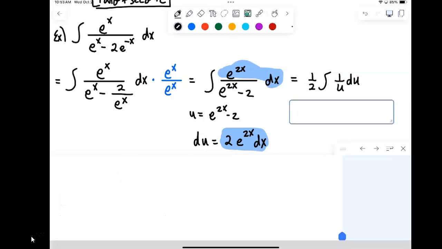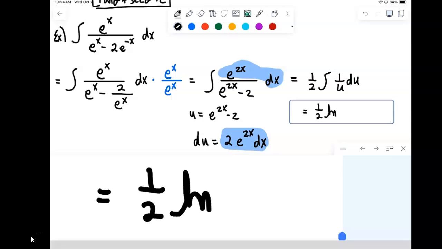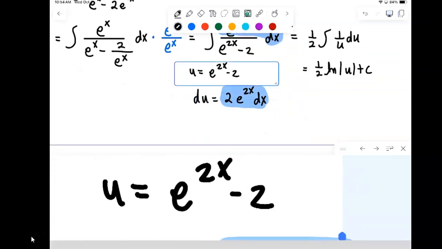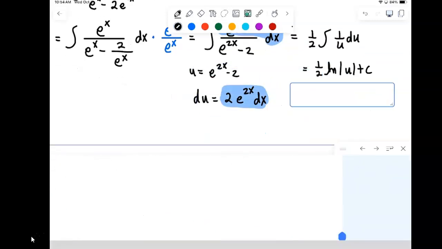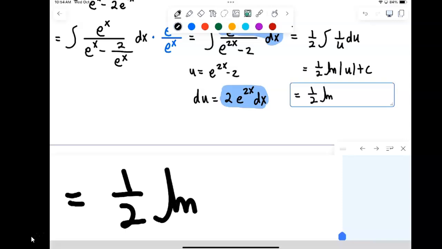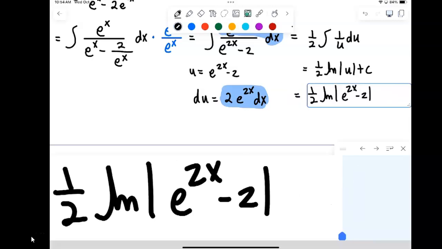But the integral of 1 over u is just the natural log of the absolute value of u plus a constant, and then we substitute back in for u. We'll get 1/2 ln absolute value e to the 2x minus 2 plus a constant.